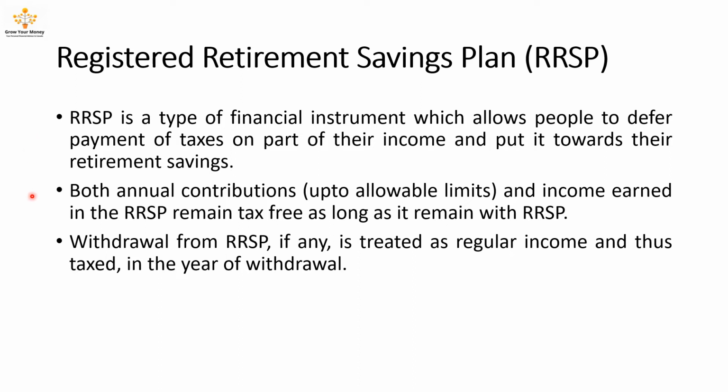Both annual contributions up to allowable limits and income earned in RRSP remain tax-free as long as it remains within the RRSP. Withdrawal from RRSP, if any, is treated as regular income and thus taxed in the year of withdrawal.